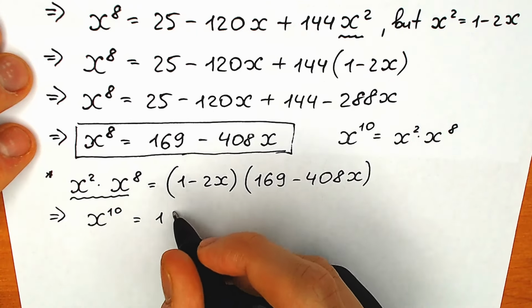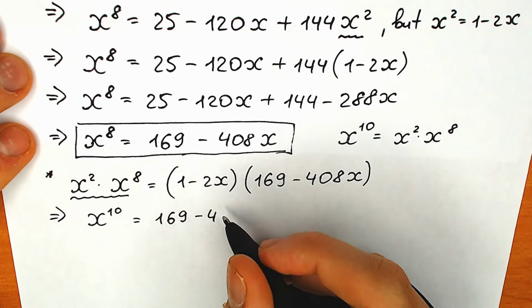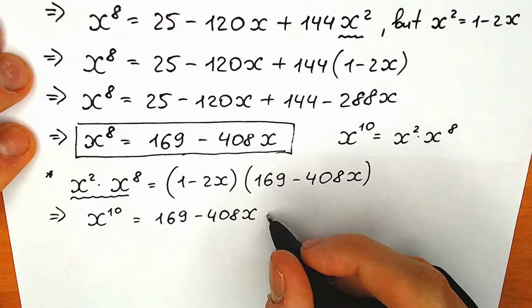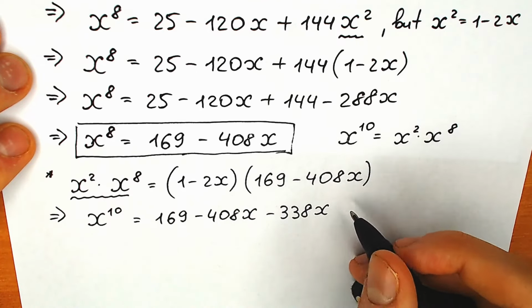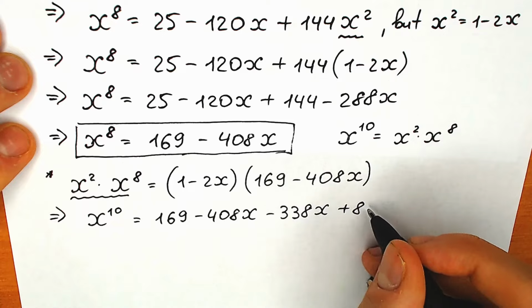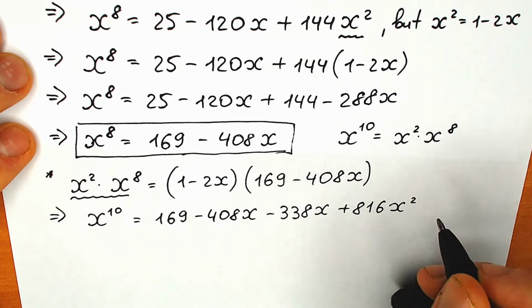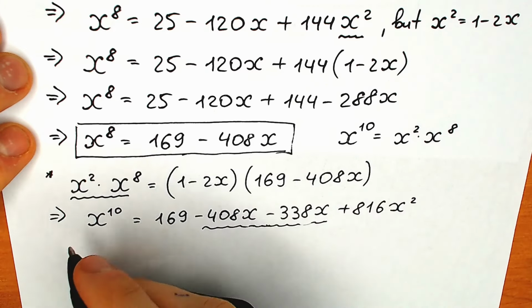Right now let's multiply parentheses by parentheses. So we have 169, a long line, minus 408x minus 338x plus 816x squared. Let's simplify real quick the expression in the middle, because we have expressions with x.